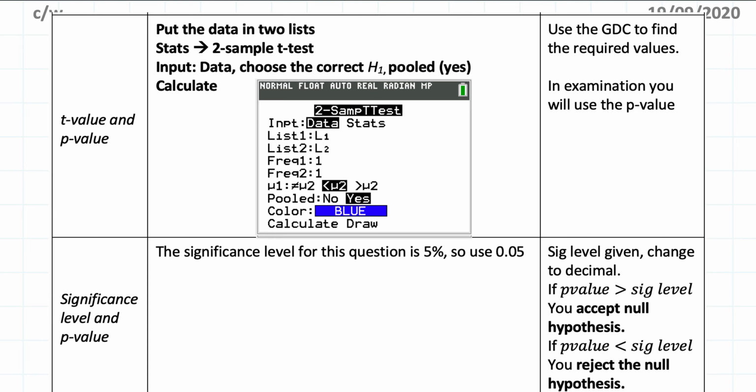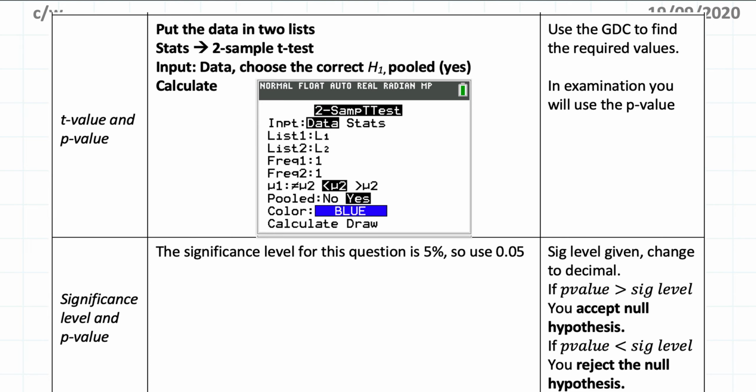We want the second mean to be greater. The third option is that the second mean is less than it. So again, if you focus on the 6th line, you have three options: whether they're not equal, whether the second mean is greater, or the second mean is less. So again, it depends on setting up your alternative hypothesis correctly.